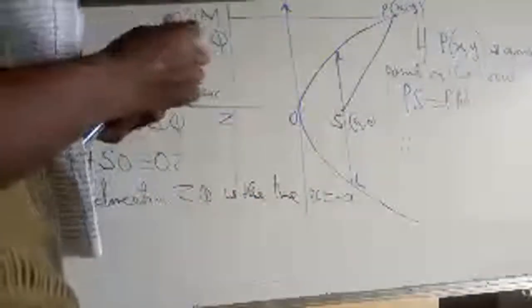So the distance PS and the distance PM will be the same thing. Good. Therefore, this is where we are now going. Suppose, from this statement, let's see if we can get a red pen.